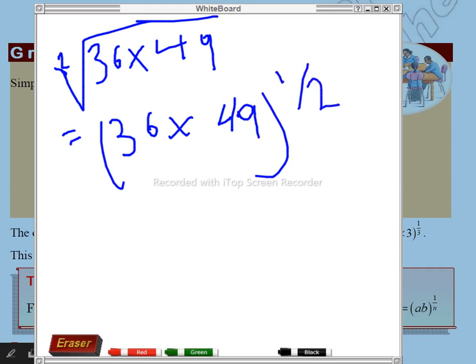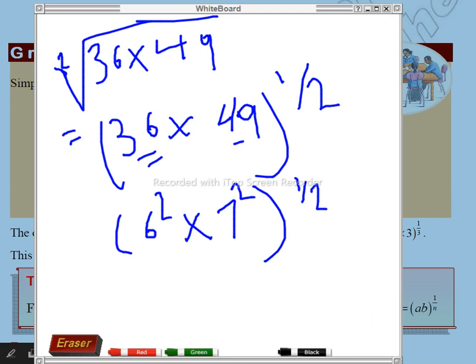As we said before, 36 means 6 times 6, so 6 squared, times 49 means 7 times 7, so 7 to the power of 2, and we say here we have 1 over 2, and we rewrite again this 6 times 7.